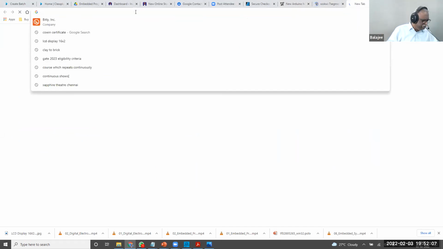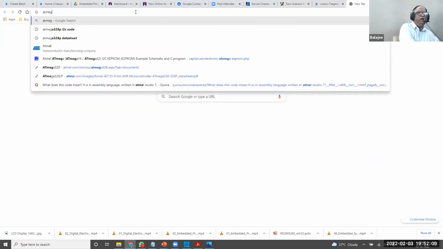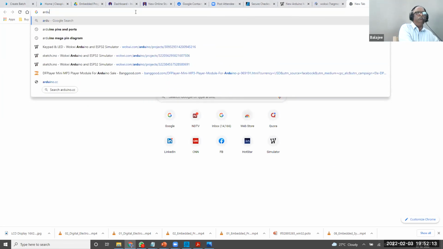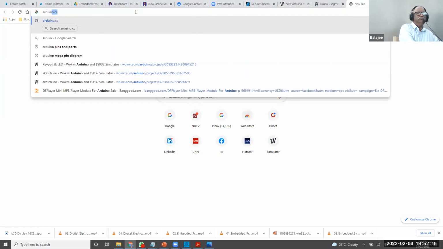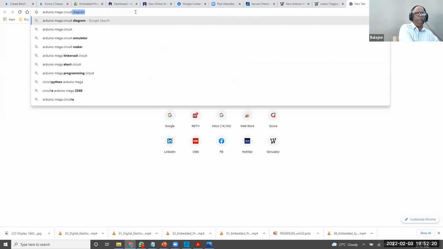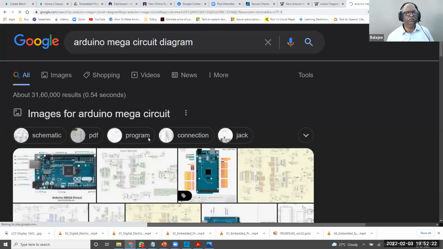I'll search for it here. See that? Atmega. Now the circuit diagram. Okay, this is the circuit diagram. See that, what they have. This is actually called a circuit diagram. I'll make it big so you will know that.